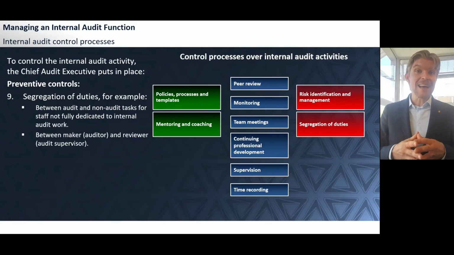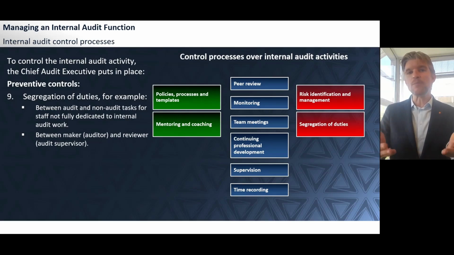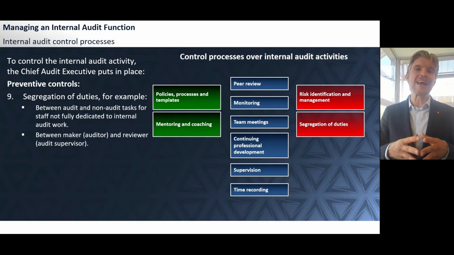And look, I've asked even junior people in my team, still at manager level, to review my work to verify whether I might have made mistakes myself and to improve the quality. You could also have peer review if you're, say, reporting to a group internal audit function, or if you have other people that could help you in this process while maintaining, of course, the independence of the internal audit function.